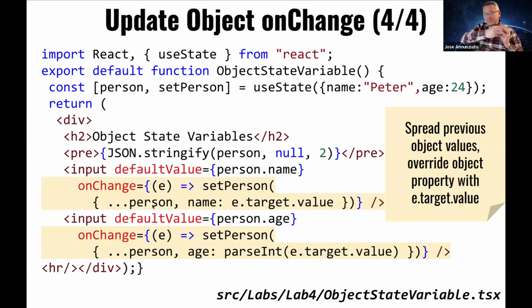So we are spreading and copying all the properties from the old person, with the old age, with the old name, comma, see that? And then we have name. So we're going to override. We just copied all the old values, the old name, the old age, but we're going to override the name with a new value for the name, which is going to include whatever you typed, right?